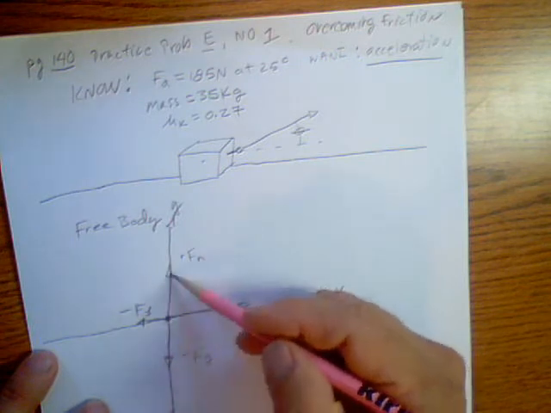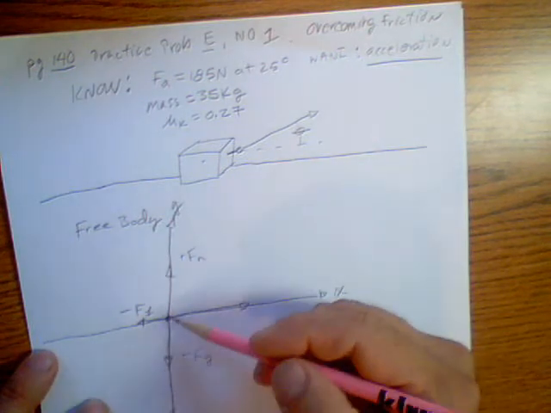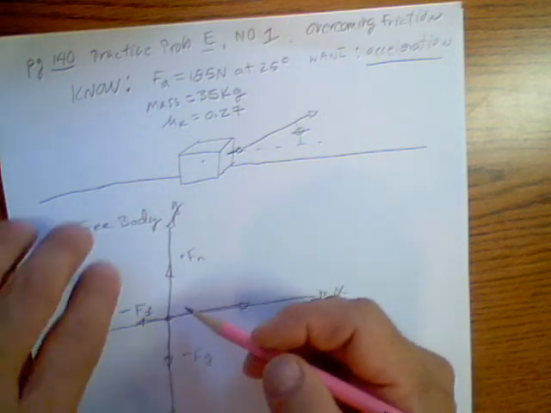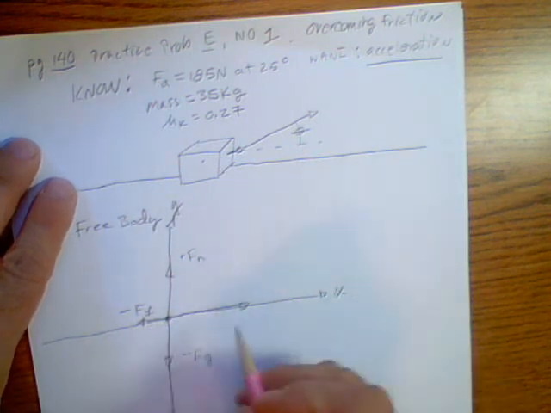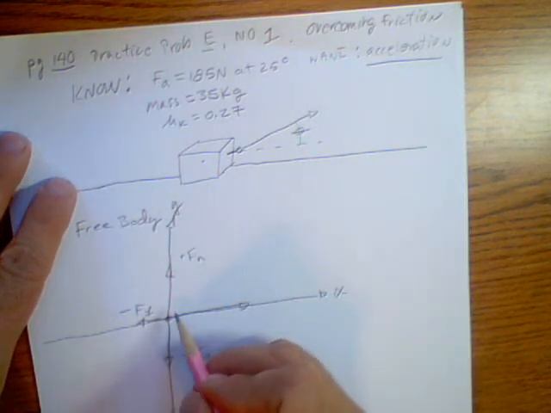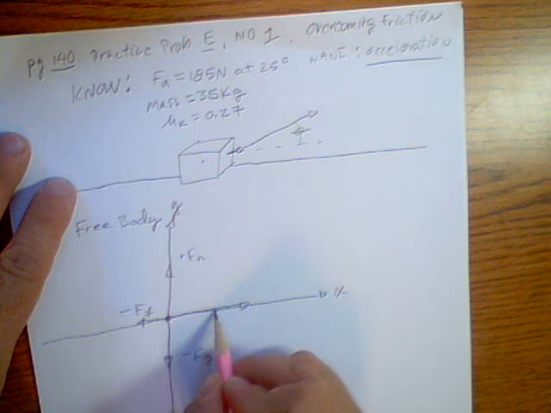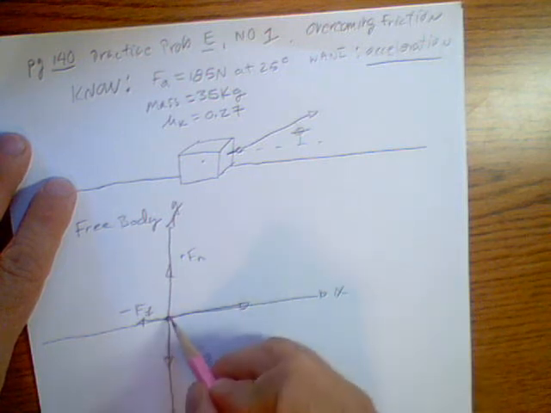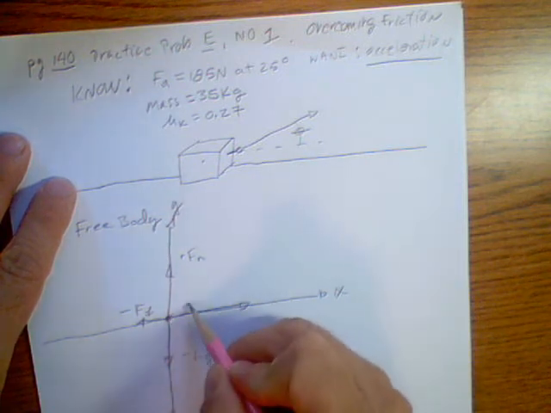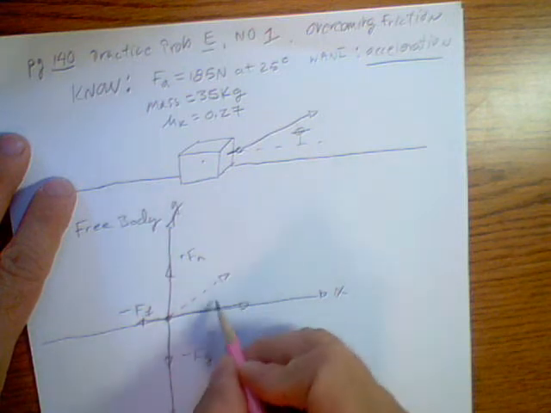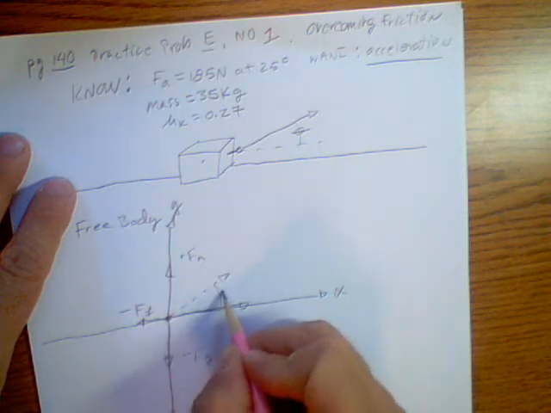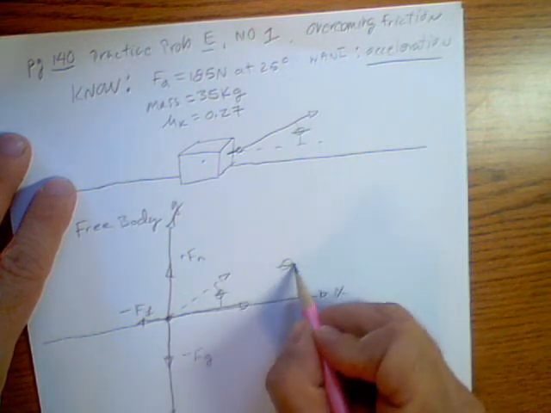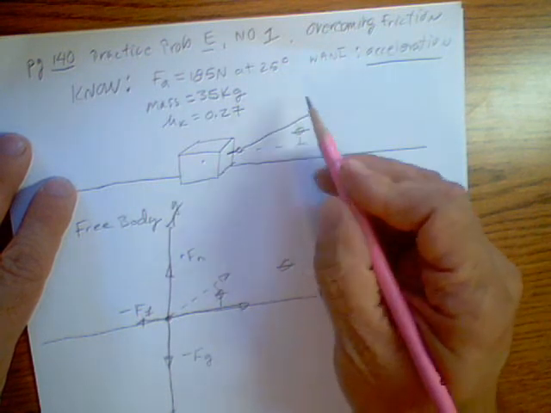I exaggerated it just slightly by making this vector longer, but you get the point. This vector has to be longer. These two vectors we assume are about the same size, because it's not going up or down. It's just going in the horizontal. This vector here, we're going to have to get as a result of resolving this vector. Remember, this angle here we said is 25 degrees.